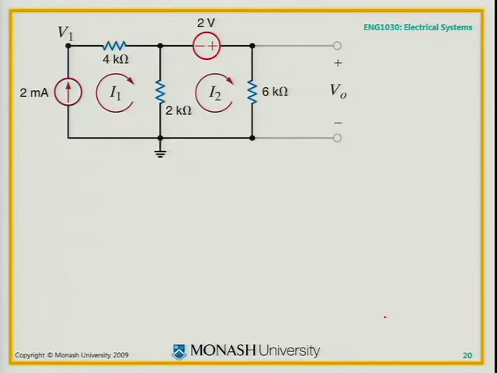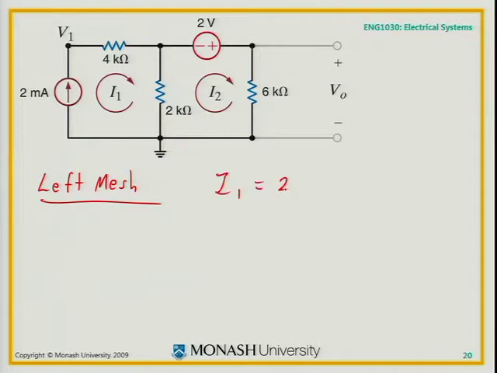Well, left mesh. What's the equation for the left mesh? I1 equals 2 milliamps. Okay, that wasn't so bad.